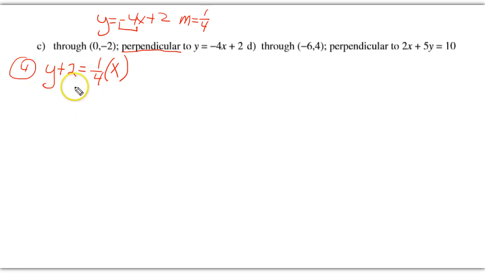So, a little bit easier than some of the others. y equals 1/4 x. Bring this 2 over to the other side as a negative 2, and it's in slope-intercept form. So that one was a little bit easier.